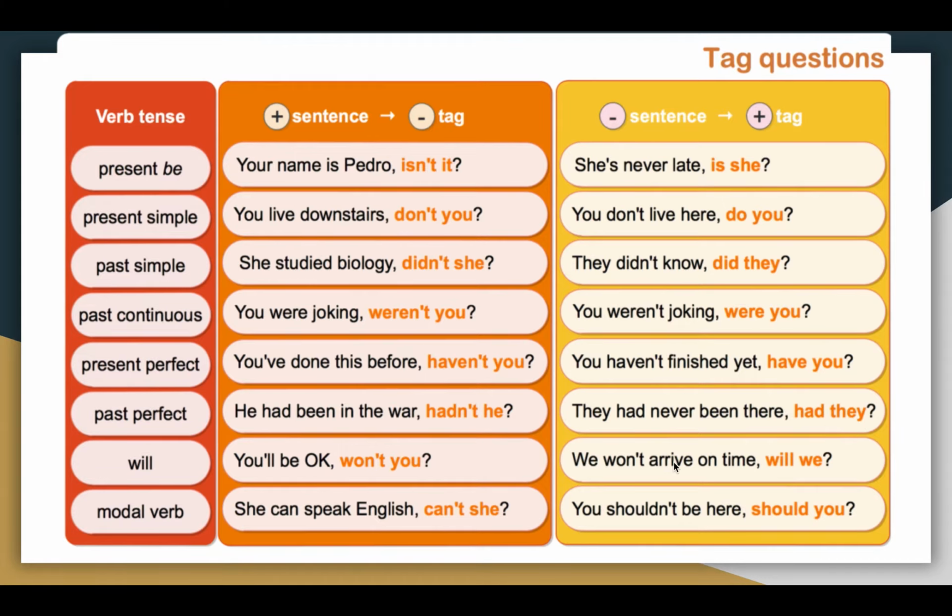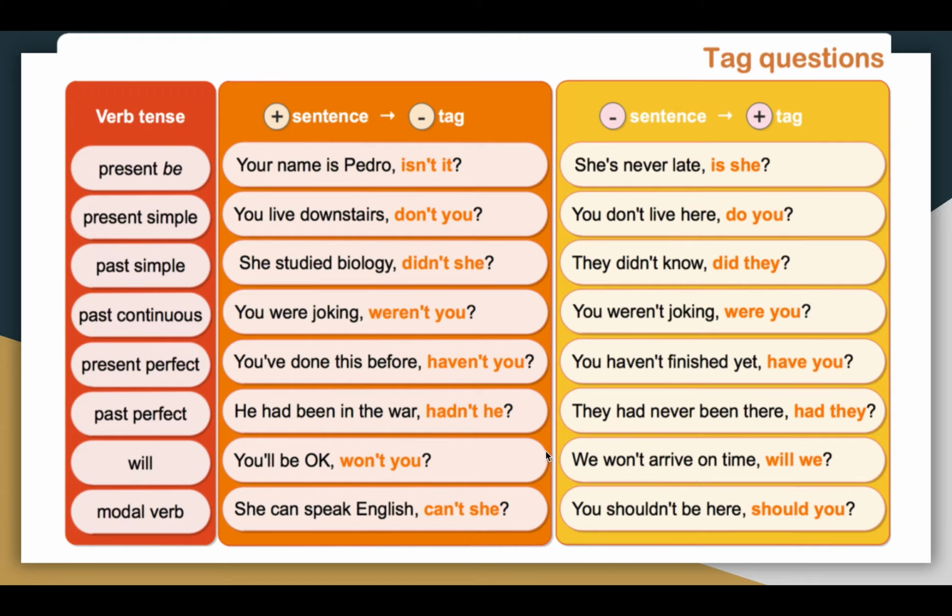Next, we won't arrive on time. Will we? So won't, just like what I said earlier, is the shortened form of will not. Now take note, in a statement you can use the full version: we will not arrive on time, or we won't arrive on time. Will we?